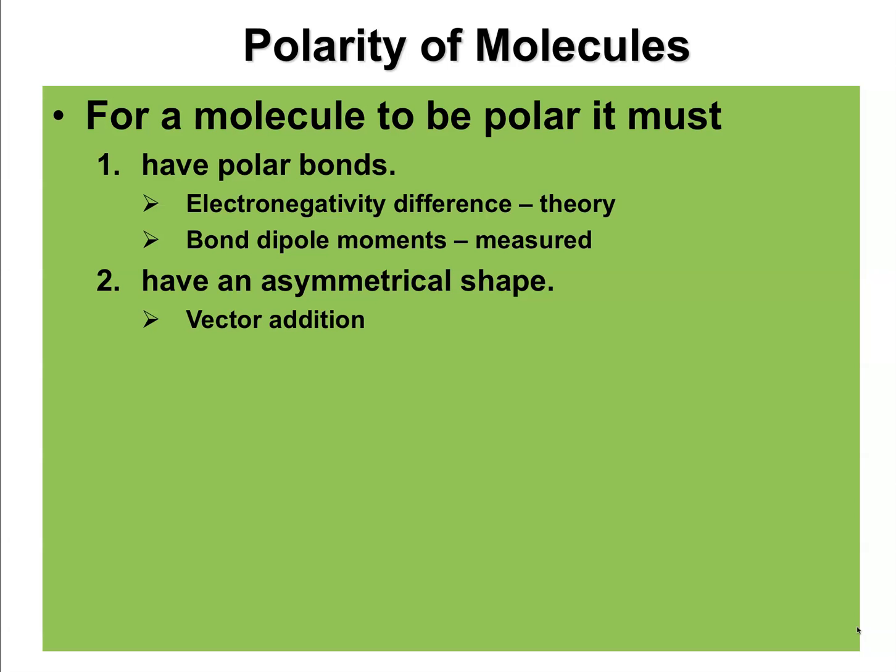They have magnitude and they have direction. When you add up all of the dipole moments, no, you're not going to do that for this class, but when you do, if they add up to 0, you're nonpolar. But if they add up to some number and a direction, meaning you have an asymmetrical shape, the vector addition also proves it is a polar molecule.